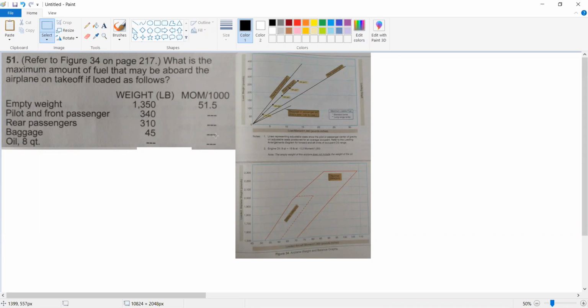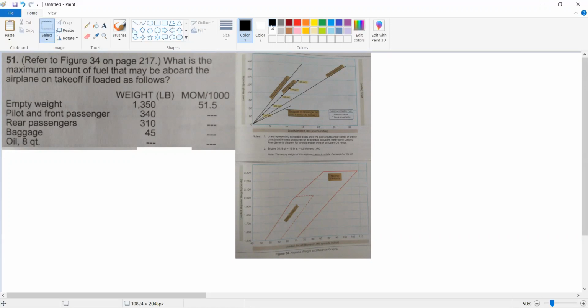It involves a lot of steps. So let's figure this out. There's no arm, so there's nothing that needs to be multiplied. Instead of using an arm factor, we have this graph next to us to assist us, but we still have to fill in the data. So let's fill in the data first.